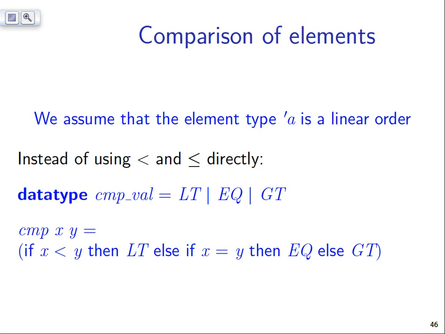If x is equal to y, we return EQ, and otherwise we return greater than. That just lets us write the code a little bit more nicely. And of course, you don't have to implement the comparison function that way. Whatever type you have may directly give you a comparison function that doesn't need to make these primitive comparisons and make two comparisons, but could do it in one.